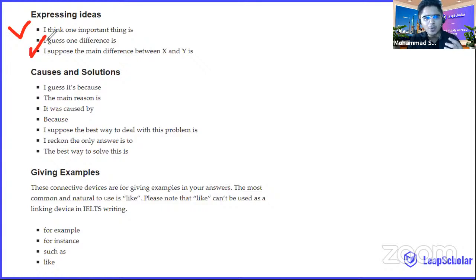How can we use this one? I guess one difference is, if you're trying to talk about the difference, I guess one difference between... Uma wants to say, I am going to call her. Yes, Uma, please go ahead.